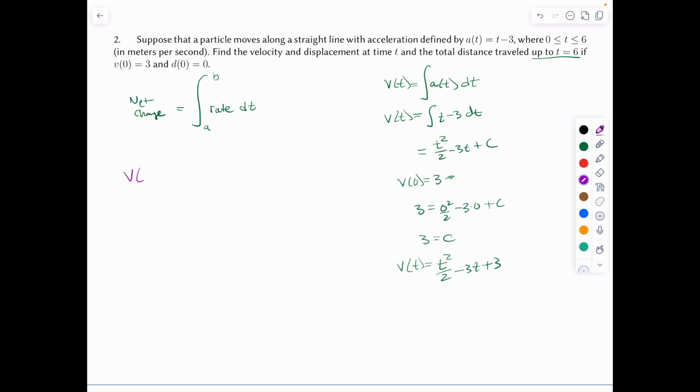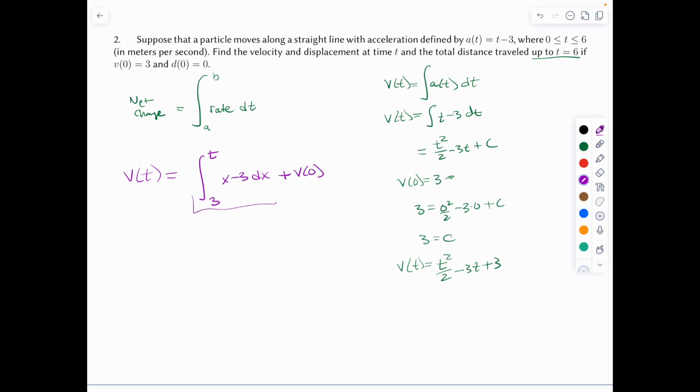Okay, so velocity is going to be the integral from, let's see, starting at 3, ending at x, let's call it t, of the rate. So now I'm going to have to change variables. There we go.